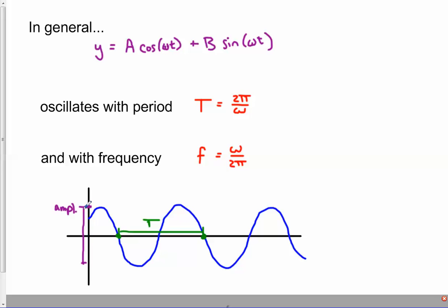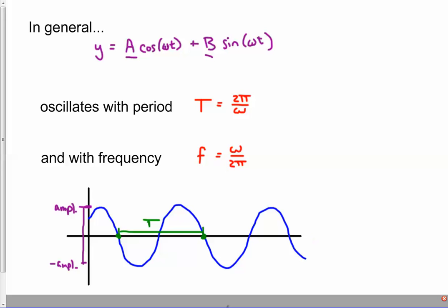So again, it goes up to a positive number, and then it goes down to a negative number, and those numbers are the amplitude of the oscillation. The amplitude is not A or B, although it does come from A and B in a way that I will discuss in just a second. But we don't have the amplitude just written in front of us in this formula.